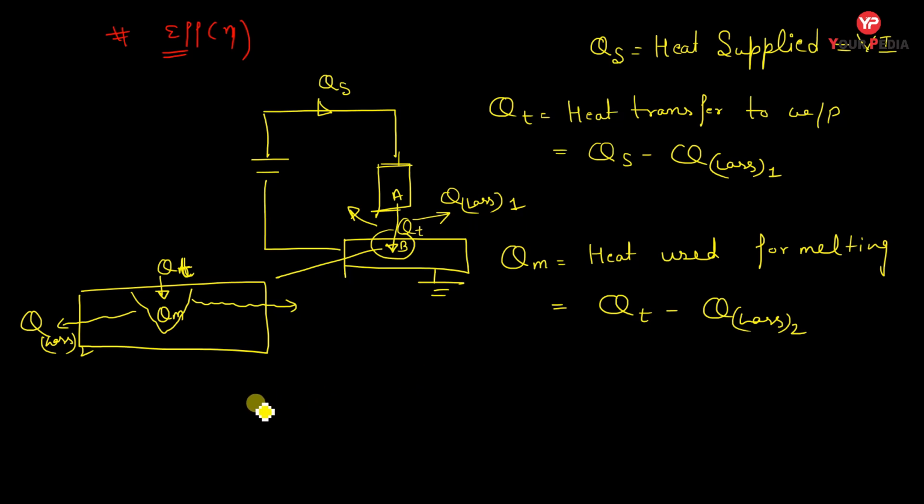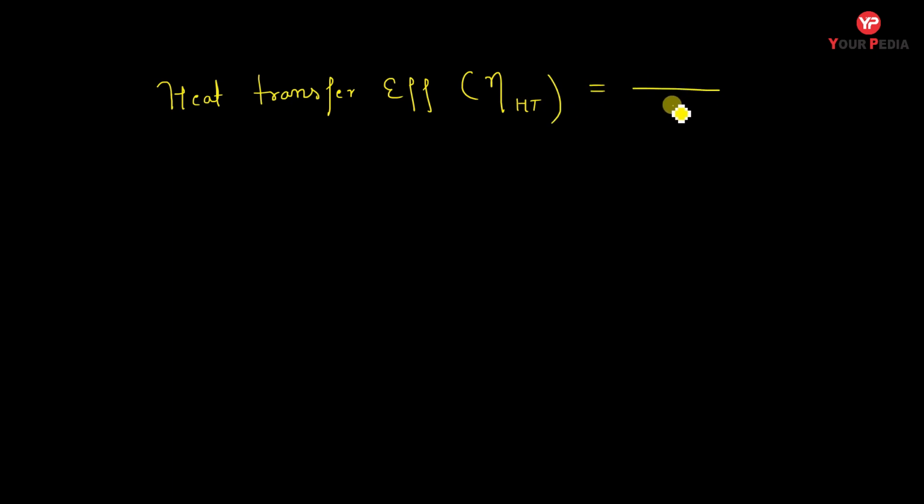Now if I talk about efficiency, there are two types of efficiency. The first efficiency is heat transfer efficiency, eta HT. That is, how much heat you supplied and out of which how much heat is transferred, that is QT by QS.